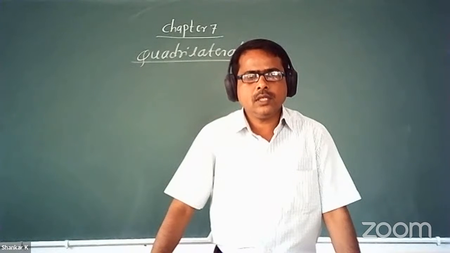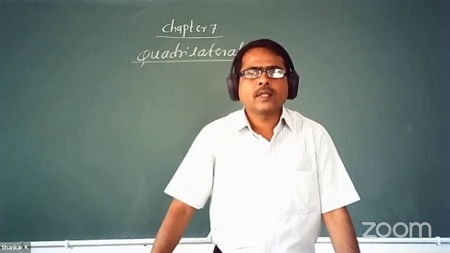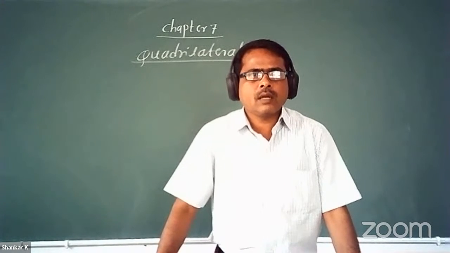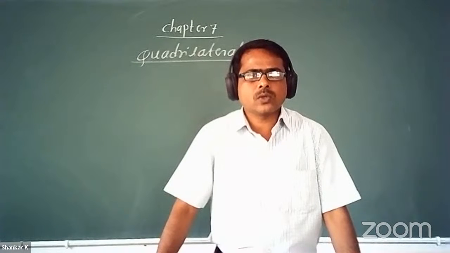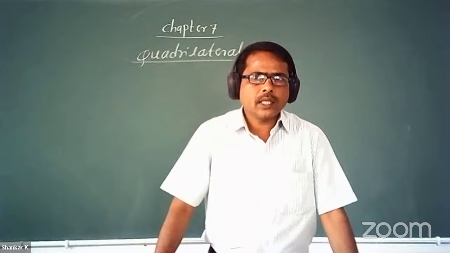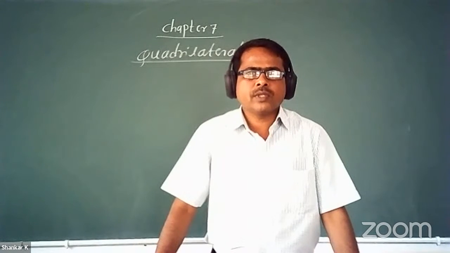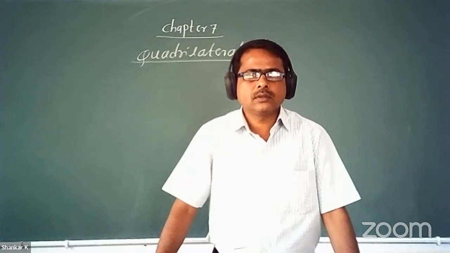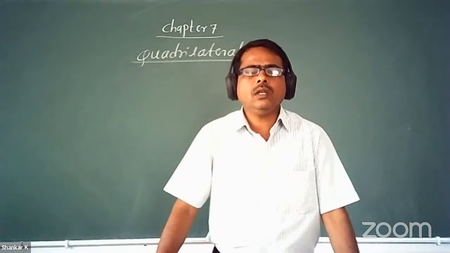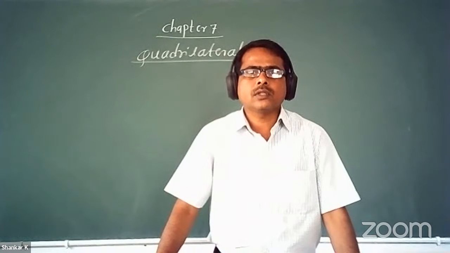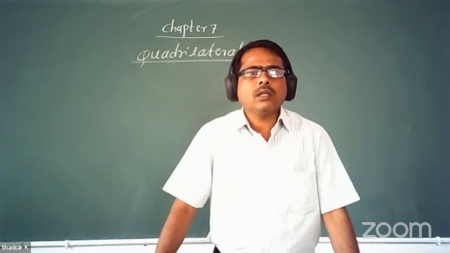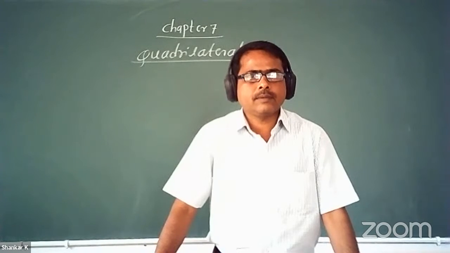A square has four sides and it is closed, so a square is also a quadrilateral. A rectangle is a four-sided closed figure, so it is also a quadrilateral. Rhombus and kite are all quadrilaterals, because these are all four-sided closed figures.